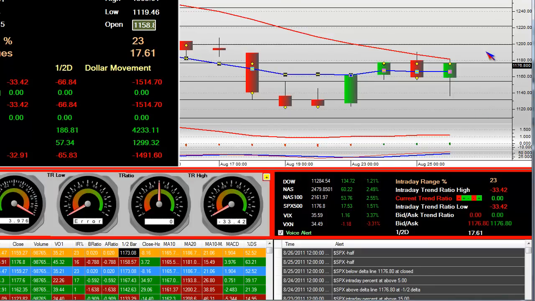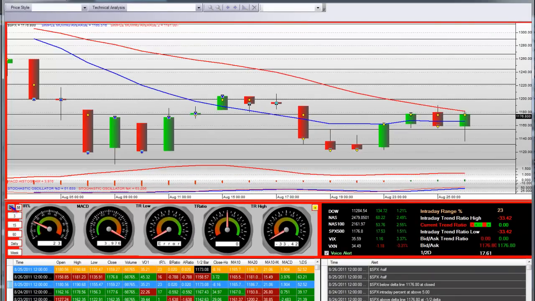Now, what we're looking for is that this bar does not get violated, or if it comes down, it closes above it. And the other major component is taking out this half bar right here. This half bar was on 8/17 on a half bar level on a daily, 1196.42 MMT.